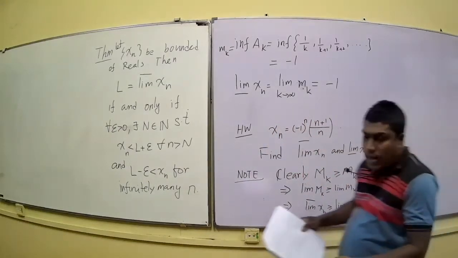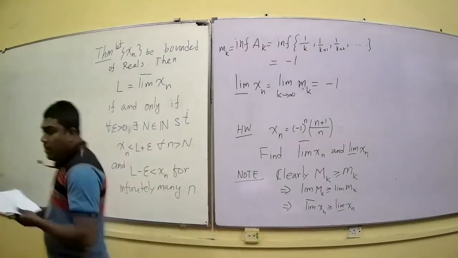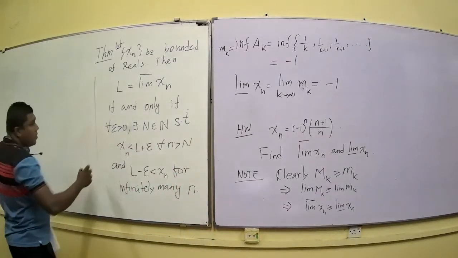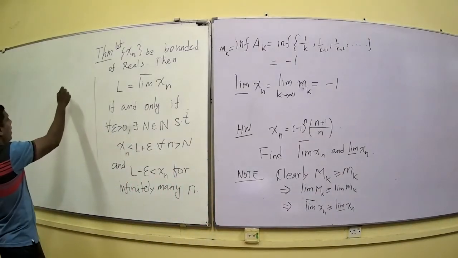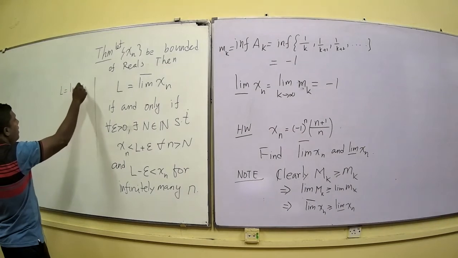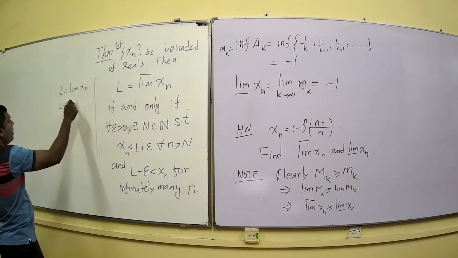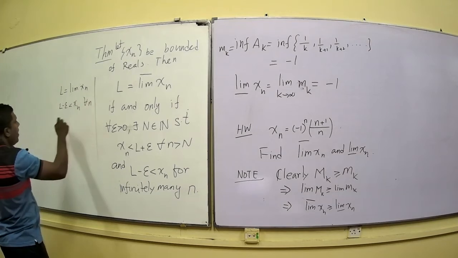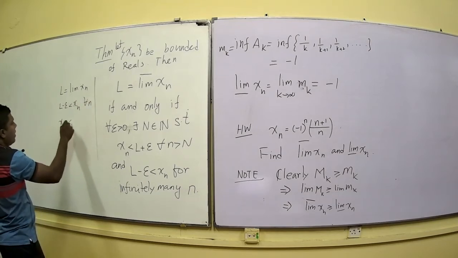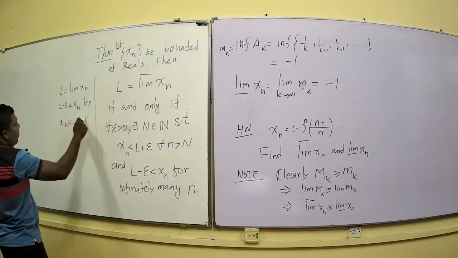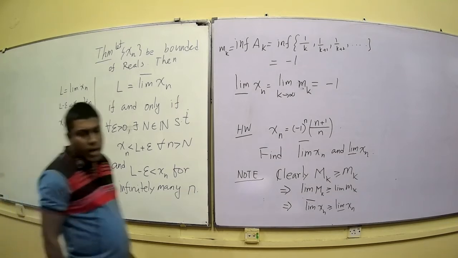So if you look at the definition of the limit, just for your information, if L is the limit of xn, then L minus epsilon is less than xn for all n, and xn is less than L plus epsilon for all n, right? This is the definition of limit.